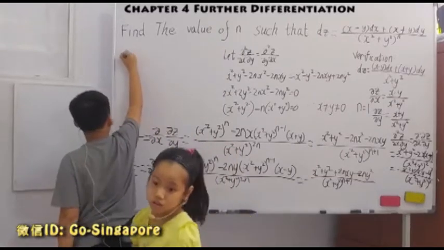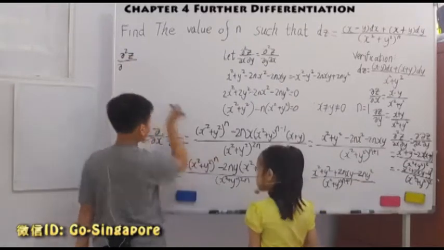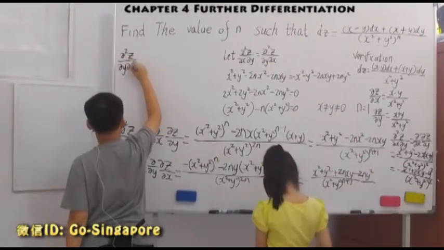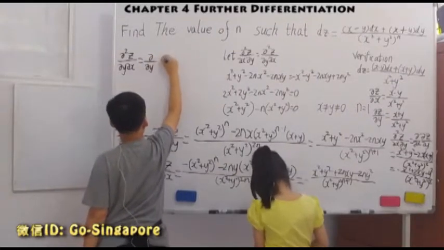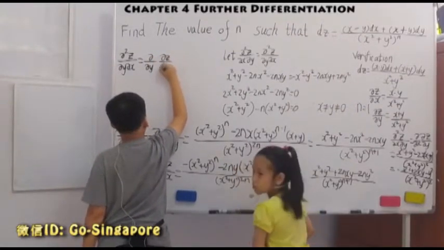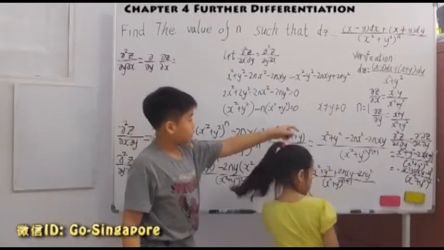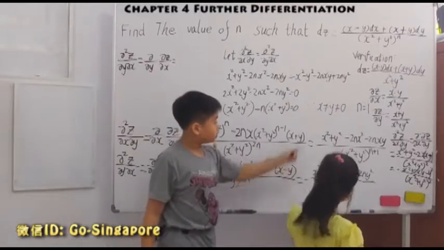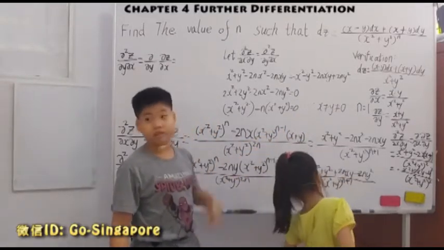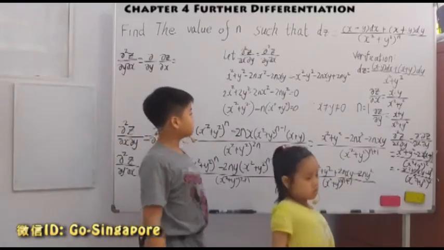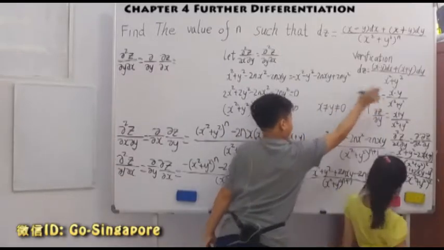So like this, partial squared z, partial y, partial x now. Which one do we put? x minus 1 over x squared plus y squared, or the other? Obviously it's this one, right?